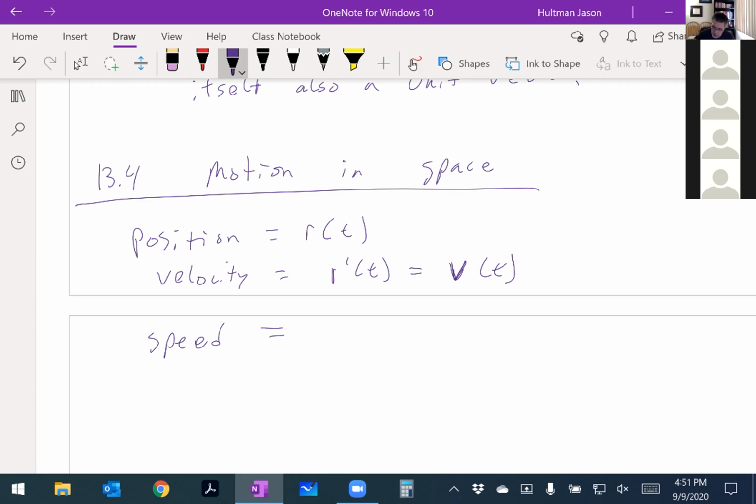The speed is the magnitude of the velocity vector. So how do you think we're going to get speed? Double prime? No, no. Magnitude of the velocity vector.